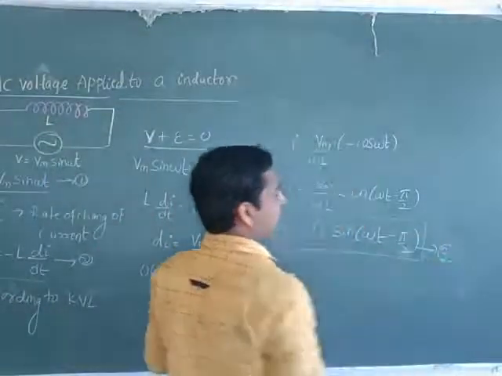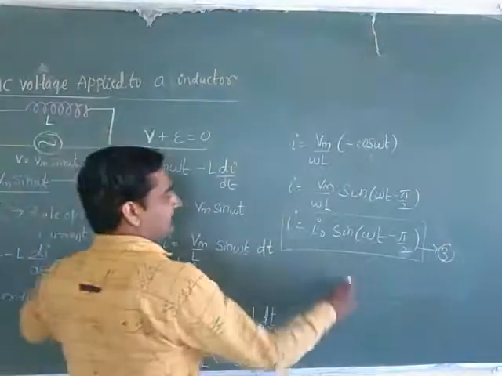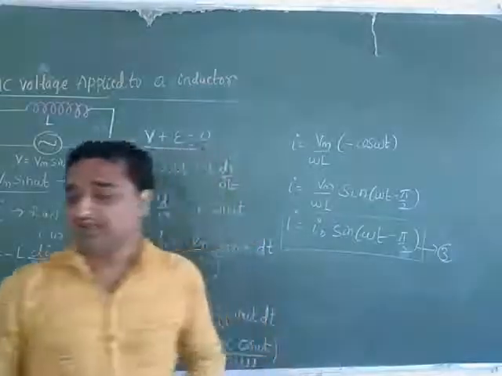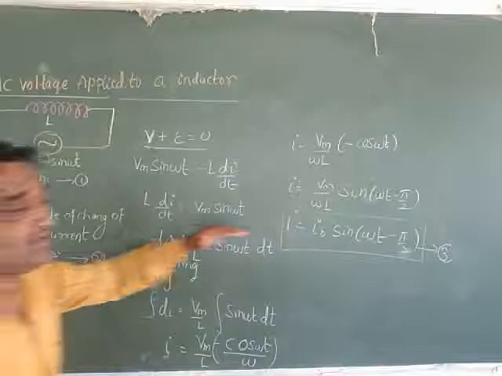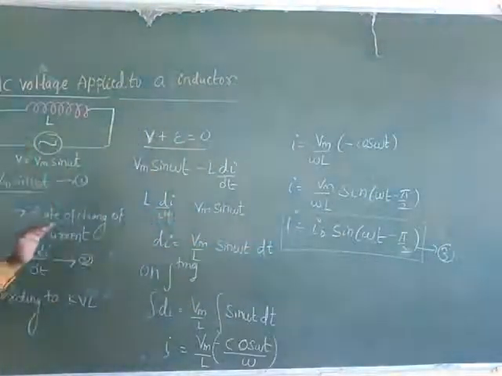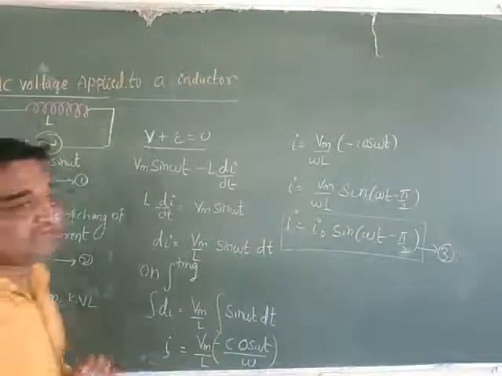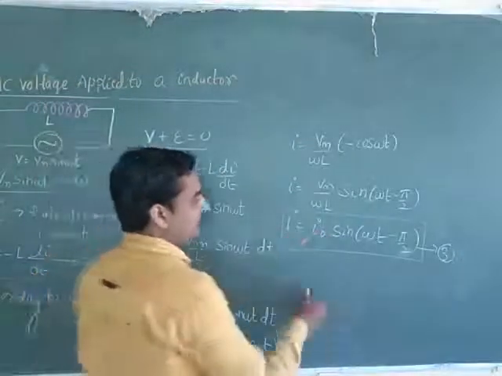V is equal to Vm sin omega t and I is equal to I naught sin omega t minus pi by 2, right? Minus pi by 2, what does it indicate? The current lags behind the voltage when AC voltage is applied to an inductor, by an angle of pi by 2.